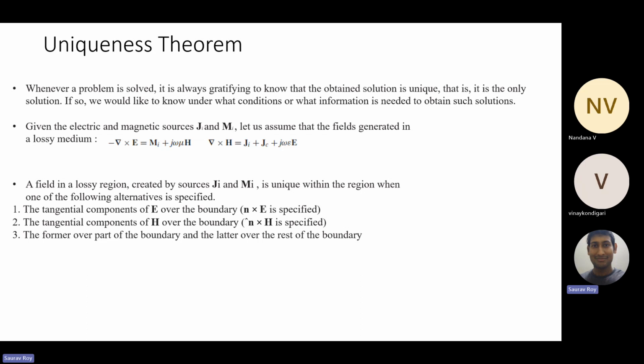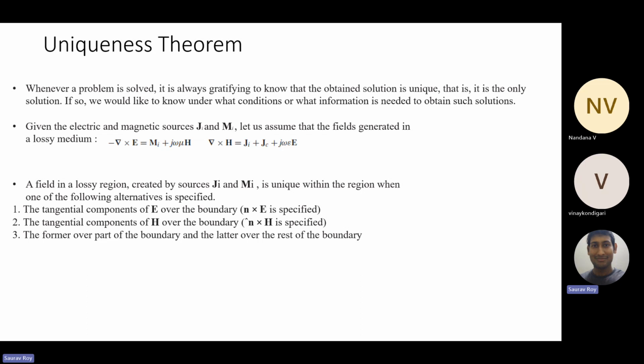So what is the uniqueness theorem? All our problems in electromagnetics, we generally solve Maxwell equations, right? From Maxwell equations, we get the Helmholtz or Laplace wave equation. Then we solve for the value of either the electric field, magnetic field, or the magnetic vector potential from these equations.